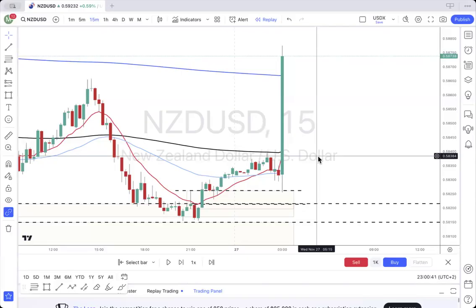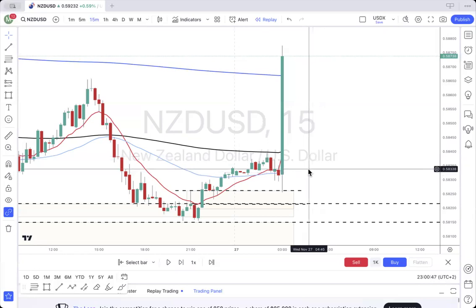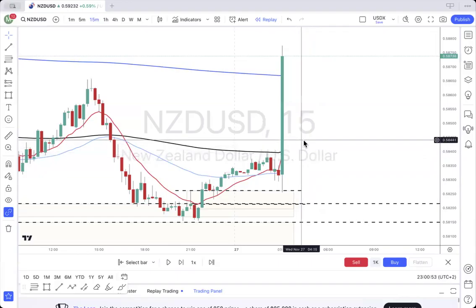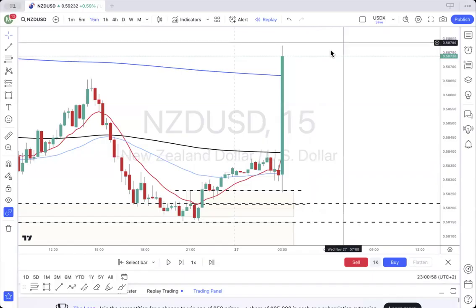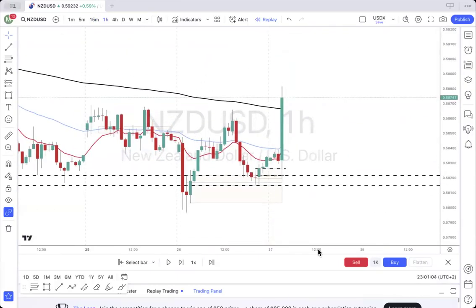You'll find that with indicators it's the exact same spot. But you are better off understanding candle movements before you engage indicators, because I don't want you to depend on indicators. So this is where you were going to be on NZD USD.